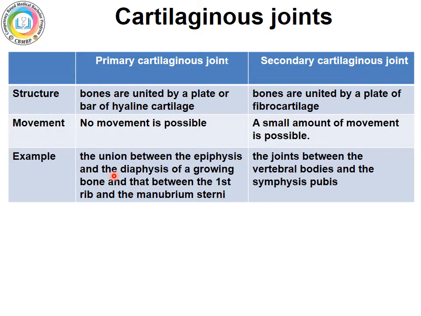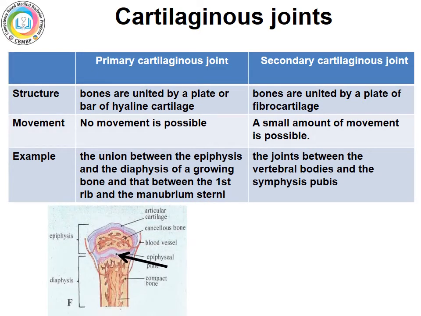Example, in primary cartilaginous joints, the union between epiphysis and diaphysis of a growing bone, and also between the first rib and manubrium sterni of the sternum. Here is the union between epiphysis and diaphysis. It's called the epiphyseal plate.